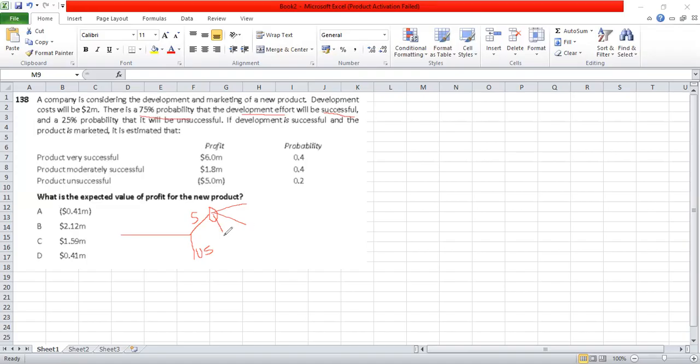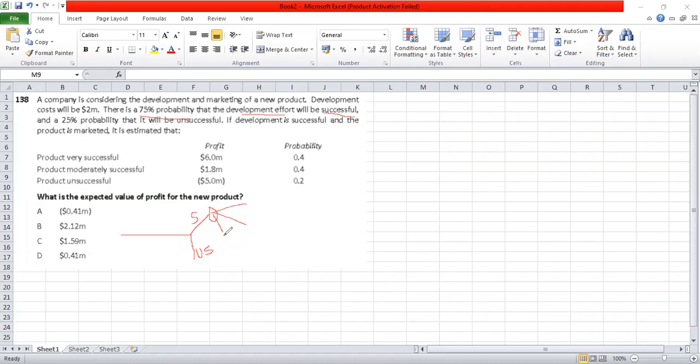So therefore, because it is not one set of situations like whether the demand would be 10,000, 12,000, 15,000, various alternatives, where we just multiply by the probability. Here one set of situation is that the development effort will be successful or unsuccessful.